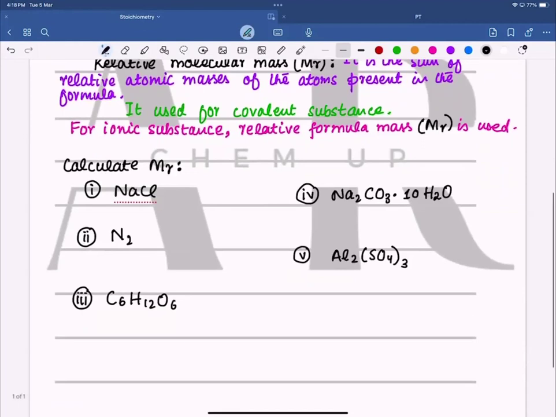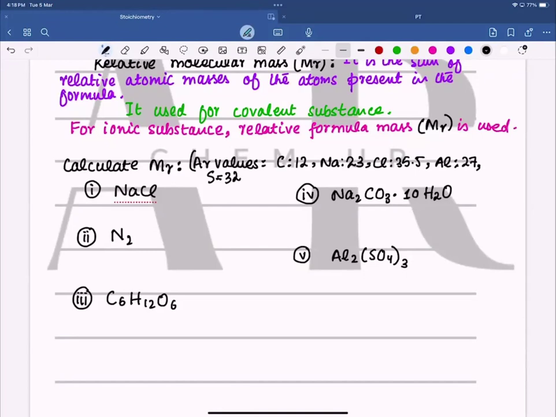Now, for this, we need the AR values for all of the elements. So AR values: carbon is 12, sodium is 23, chlorine is 35.5, aluminium is 27, then sulfur is 32, hydrogen is 1.